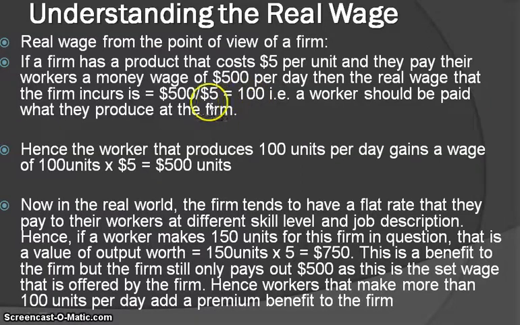So every time the firm pays out $500, it means that they are actually paying out 100 units worth of goods produced.